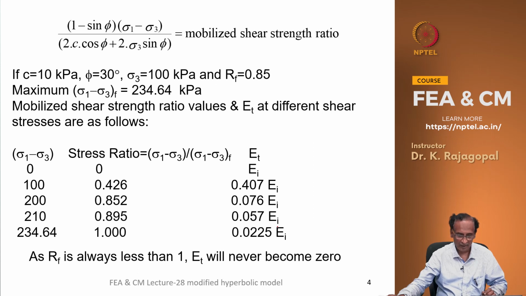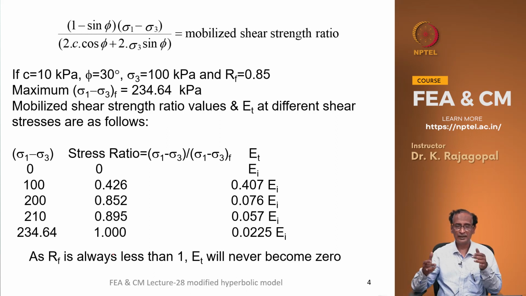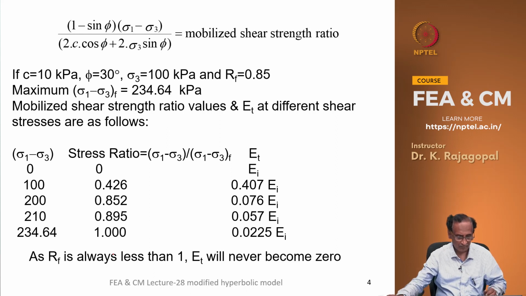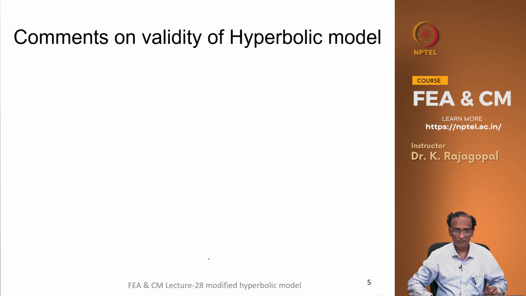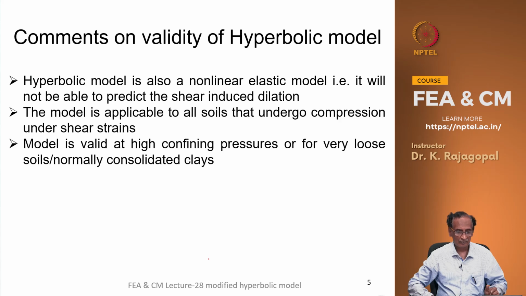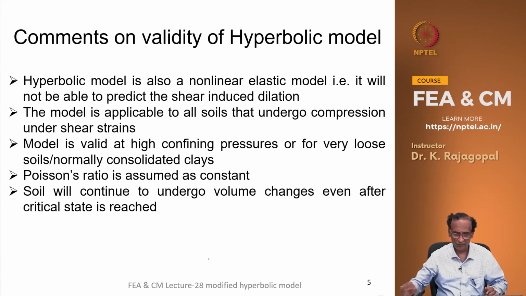Okay. And because our RF is always less than 1, it is about 0.85 to 0.9 or sometimes even 0.6, our tangent modulus will never become 0. And these are all what we had seen in the previous class, the hyperbolic model.